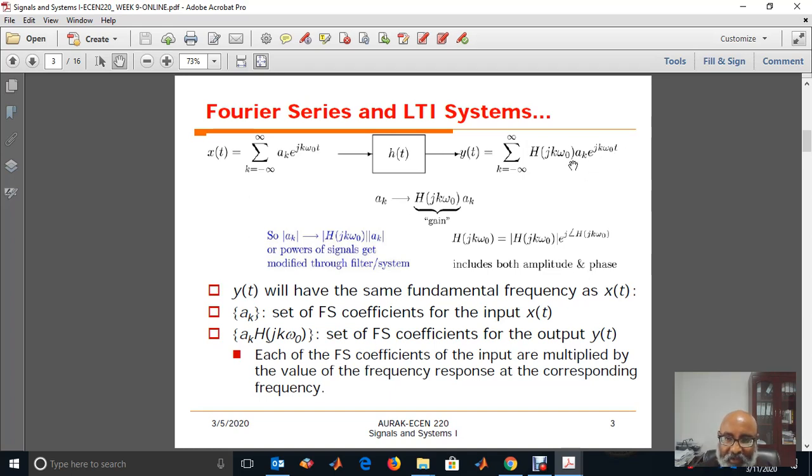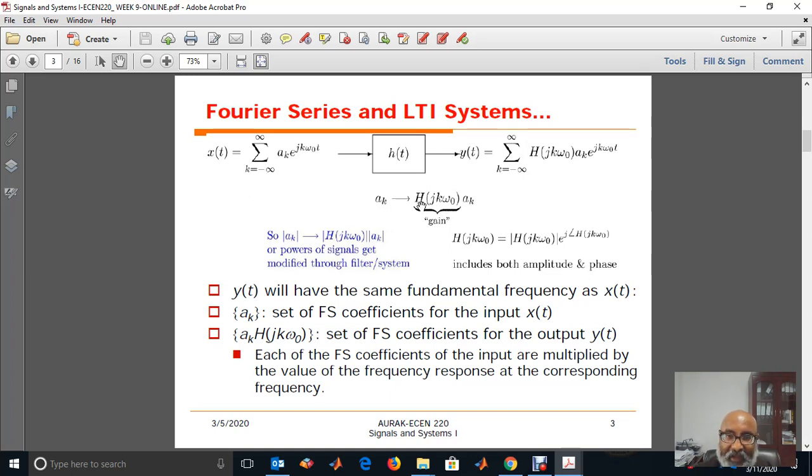So what happened? Each frequency input a k is multiplied by the frequency response H at that frequency k omega naught. When it comes out, a k becomes H at k omega naught multiplied by a k, which means a k can go through depending on H, the frequency response at k omega naught.